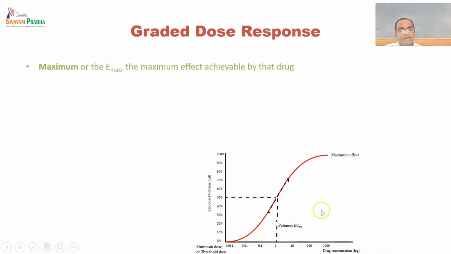It indicates that there is no binding site left, and when it reaches 100% biological activity, no active site is present for binding. All the active sites have been saturated, and the drug will show maximum effect only up to this point.